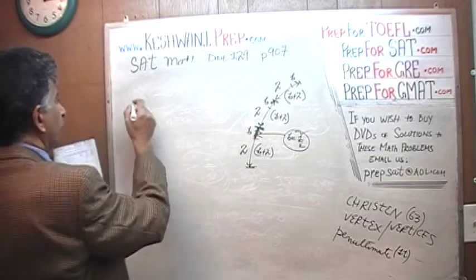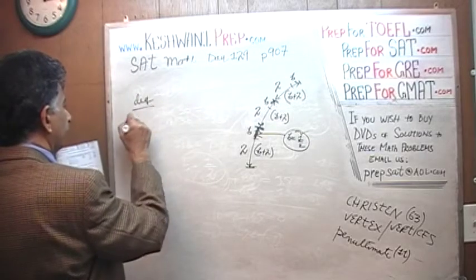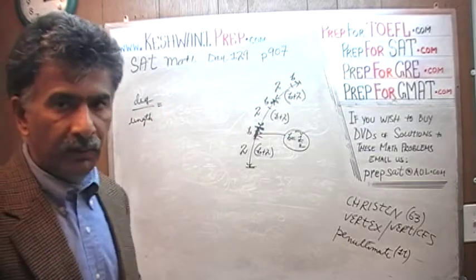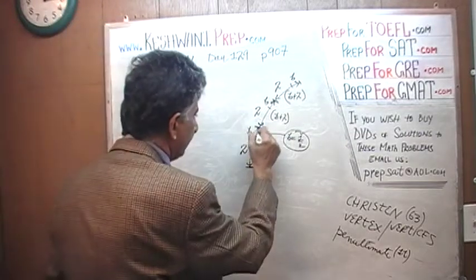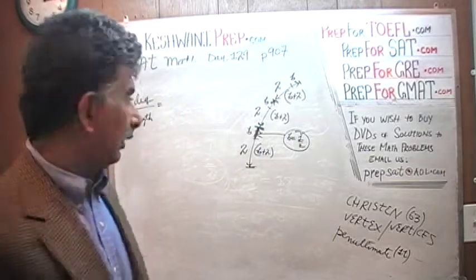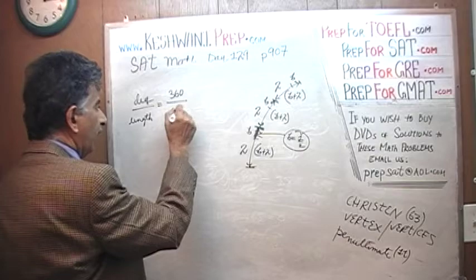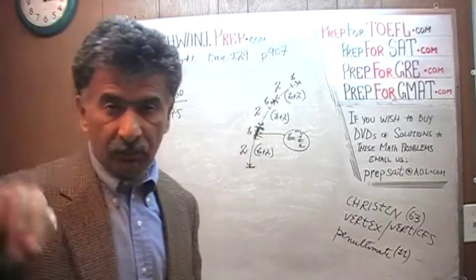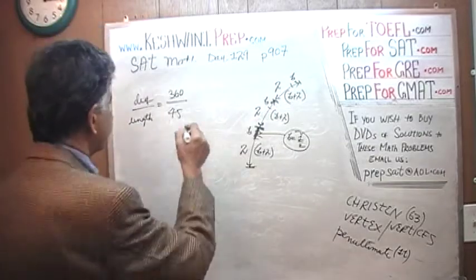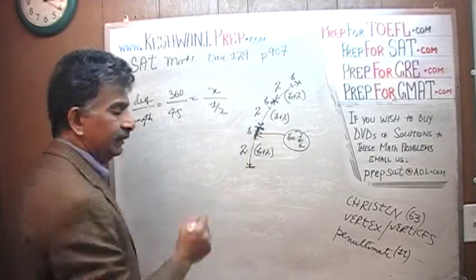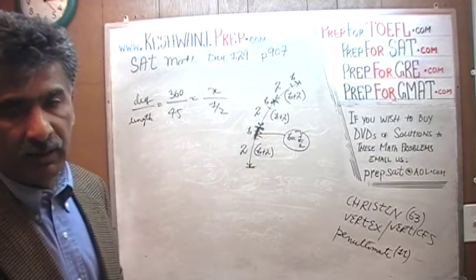Set it up now as a proportion. So here is the degree, and here is the length, the length of the arc, if you will. The arc here will be just this part right here. And on the top, when we put down 360 degrees, the length of the so-called arc actually is the whole circle. So how many degrees in the length of half a unit?